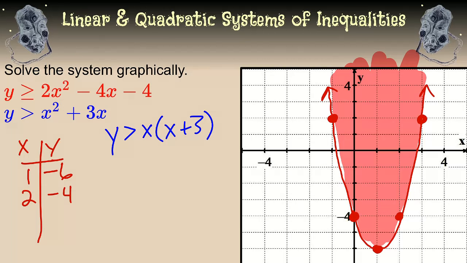One of them is at 0, 0, because when I plug 0 in for x here, this all makes 0, so y must be 0. And I also have one at negative 3, 0, because when I plug negative 3 in here, this makes 0, which makes the whole side 0, and y equals 0. So that's helpful.